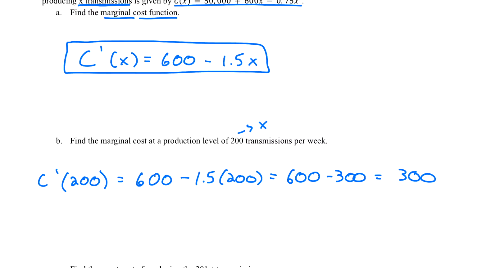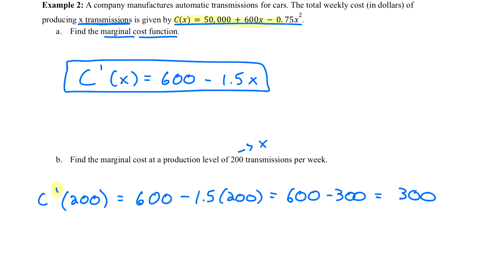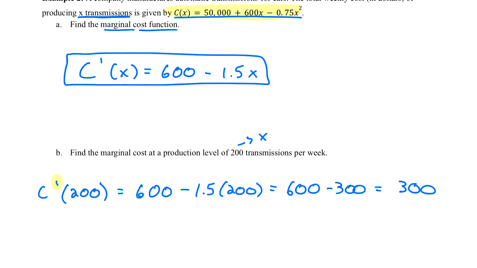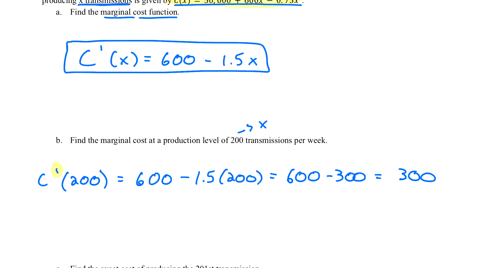So if I want to think about what this is telling me, remember that we're talking about marginal cost here. Marginal cost is the derivative of the total cost function that we had up here, so that's describing the rate of change of the cost function. A number can change either by increasing or decreasing.